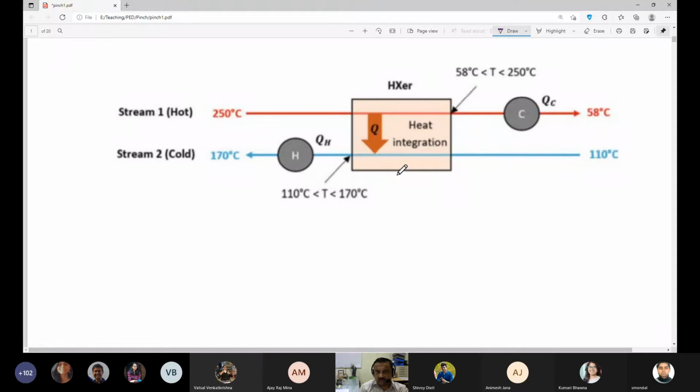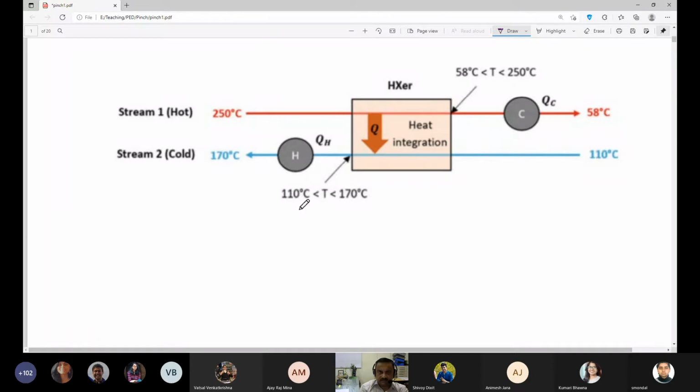The temperature will come down from 250 degrees centigrade to some value here, and this one is fed at 110 degrees centigrade, so it will be increased to some other value. Here it is 58 and 250, and here it is 110 and 170.